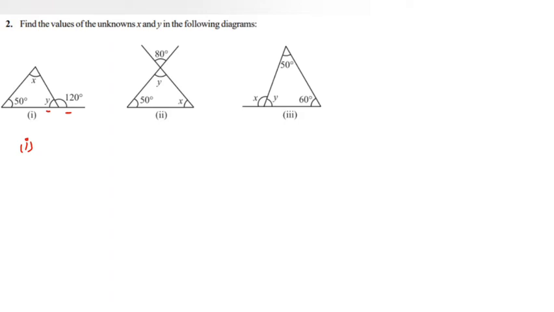Exterior angle property means the exterior angle, that is 120, will be equal to the sum of opposite interior angles, that is 120 will be equal to the sum of 50 and this value x. So we're going to use exterior angle property to get the value of x. So here 50 plus x will be equal to 120 degree.